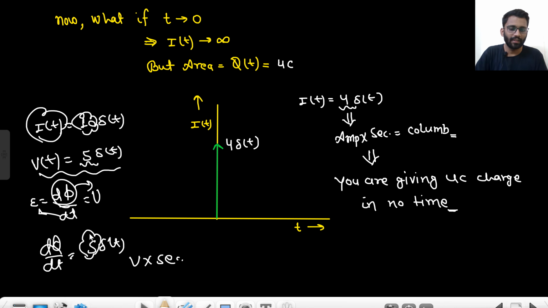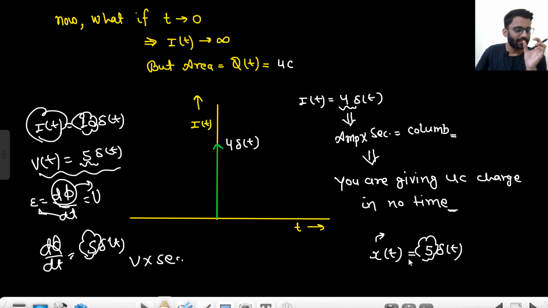Are you getting it? Let's just assume I am writing something, x(t) equals 5 delta(t). x(t) has some unit, any unit it has. So what is this 5?